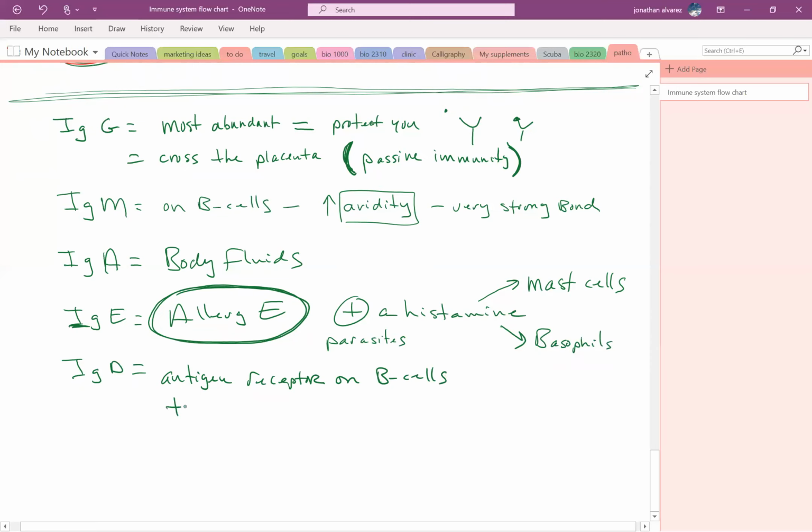Okay, they will also activate basophils and mast cells. Okay, these are just other Pac-Mans, so to speak, that are coming in to help.